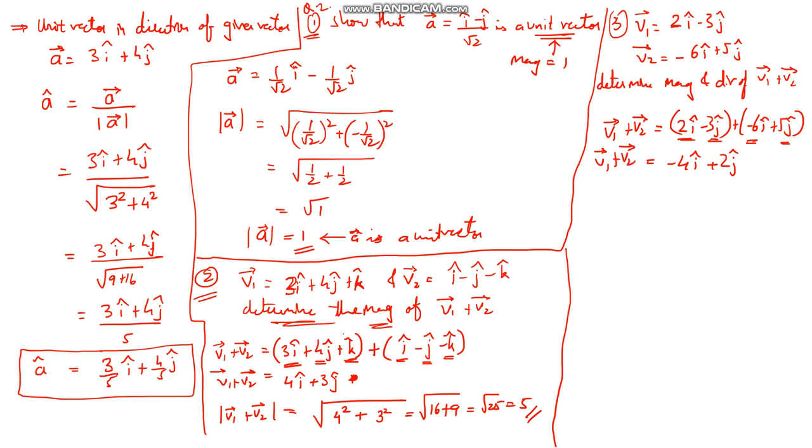Now to find the magnitude, v1 plus v2 will be equal to root of the x component, minus 4 squared, and the y component, 2 squared.